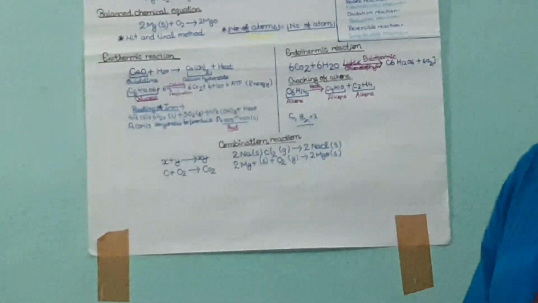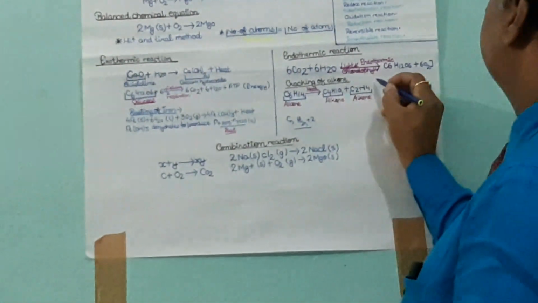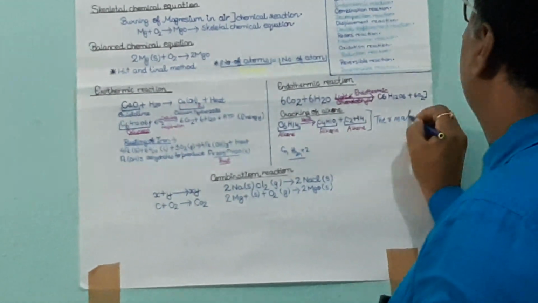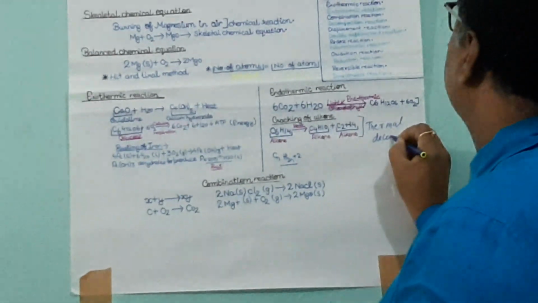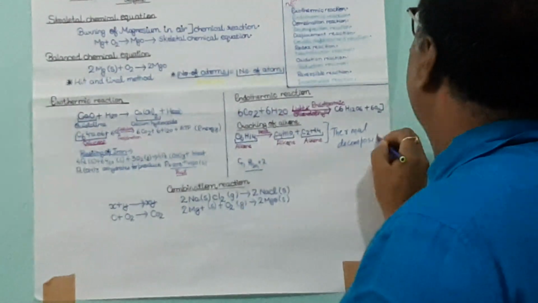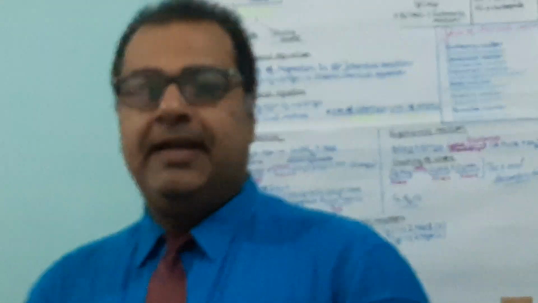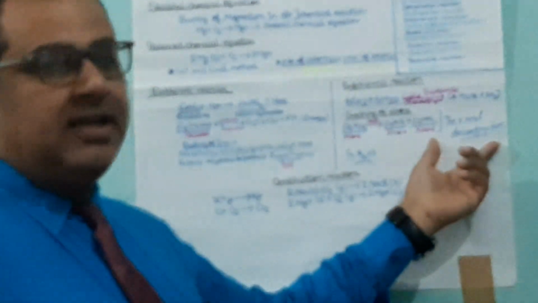After heating, this is called thermal decomposition. That is the decomposition of higher alkanes in presence of heat, and that type of decomposition is known as thermal decomposition.